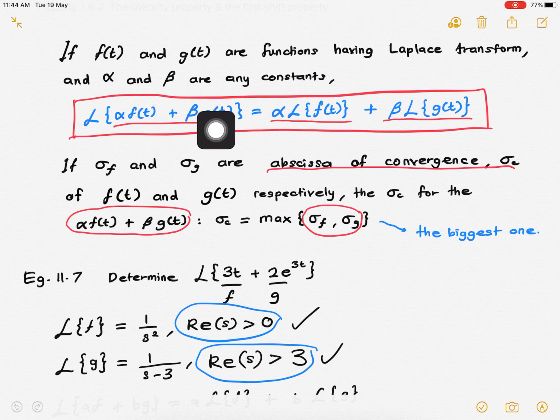Or if this function consists of 4 functions, we consider the abscissa of convergence of the 4 functions, and we pick the biggest one. So the biggest one is the abscissa of convergence for the combination of functions.